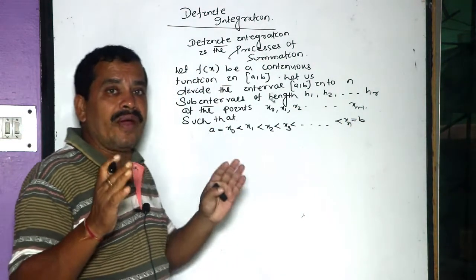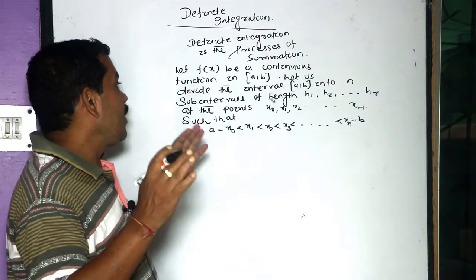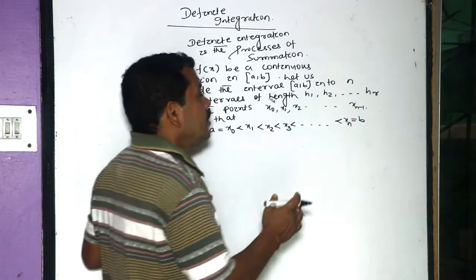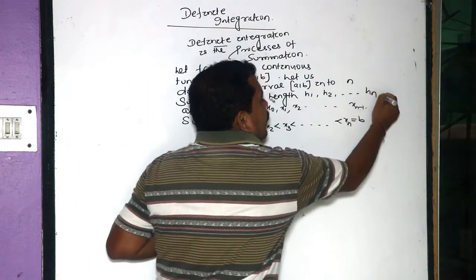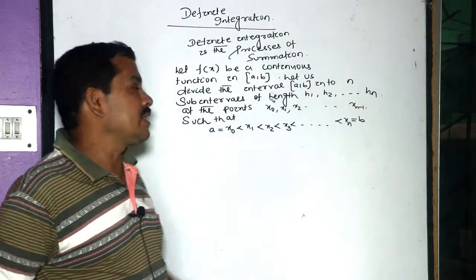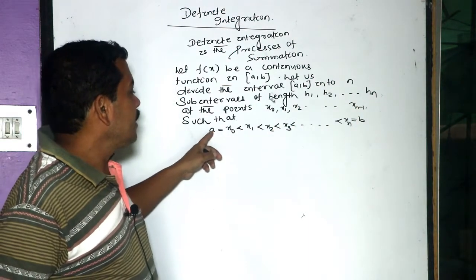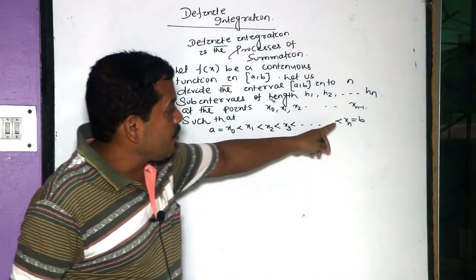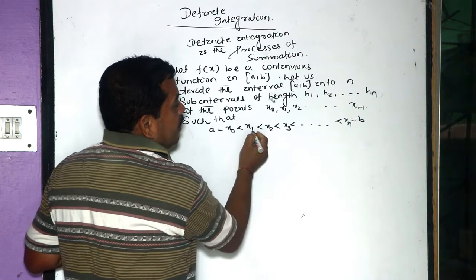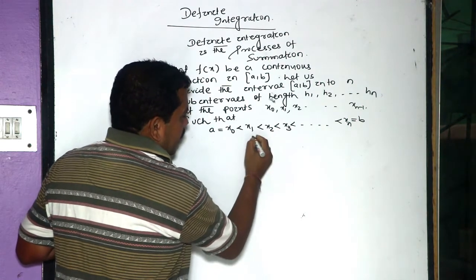Means we divide the interval into n subintervals of lengths h1, h2, ..., hn by the points x0, x1, up to xn minus 1, such that a equals x0, b equals xn.